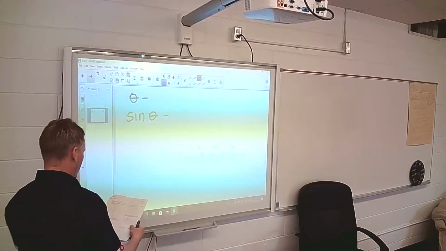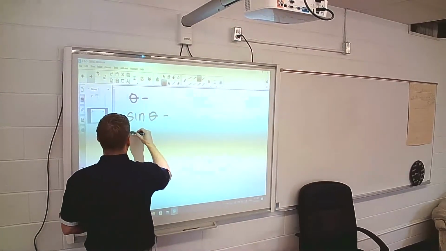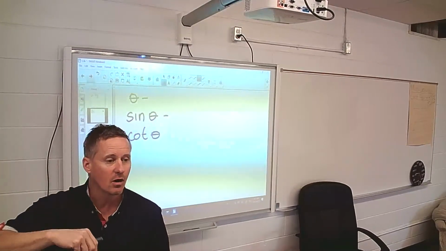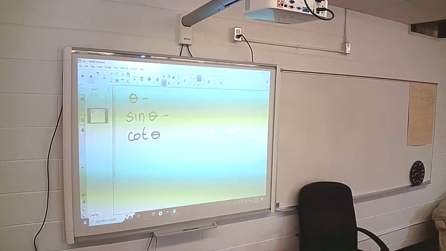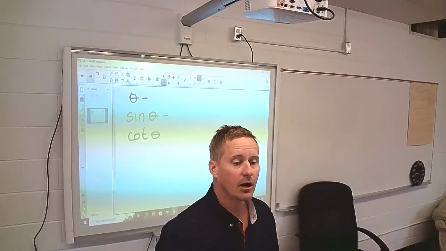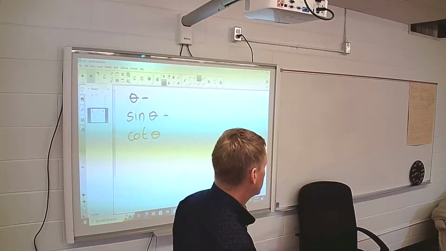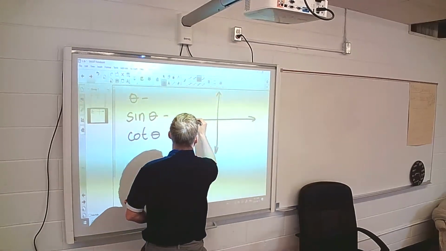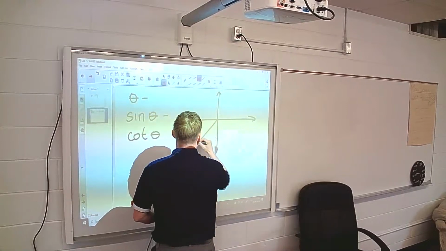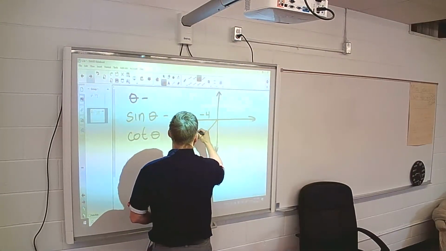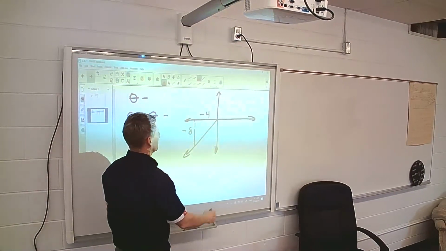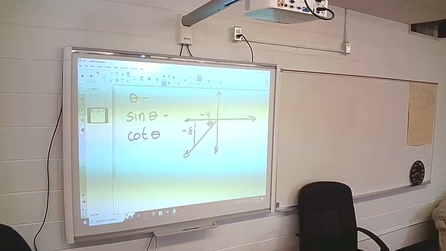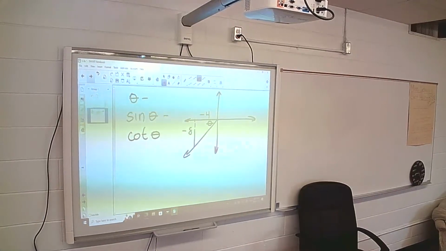Okay? So it asks you what is the cotan of theta given this coordinate. Now, if you were given a coordinate, draw a triangle. Draw a triangle every time. So, minus 4, minus 8. Minus 4 along the x. Minus 8 along the y. Theta. Tan of theta is opposite over adjacent.